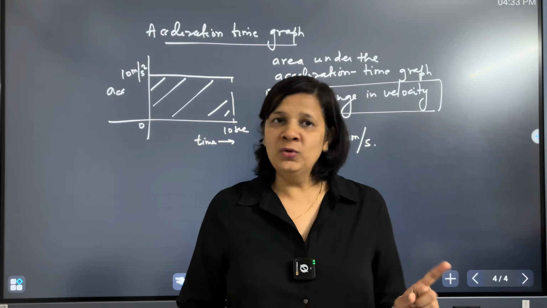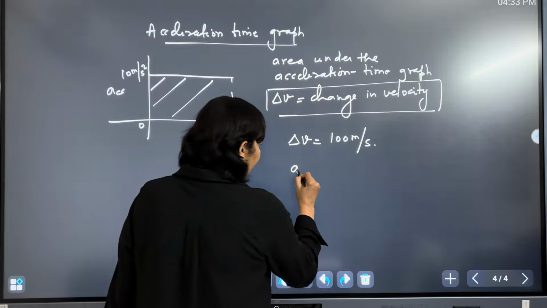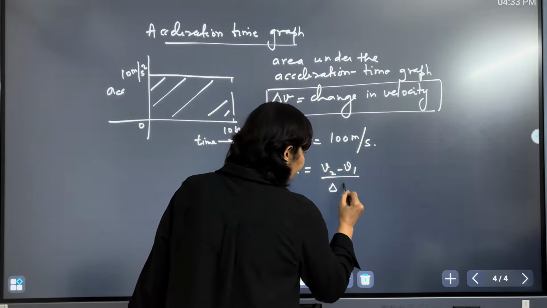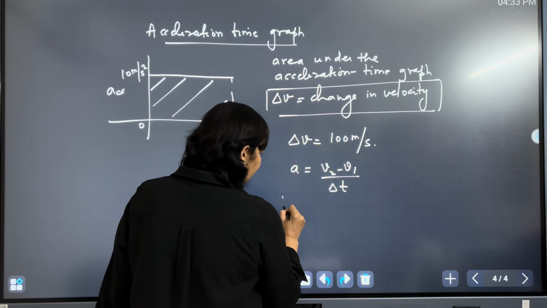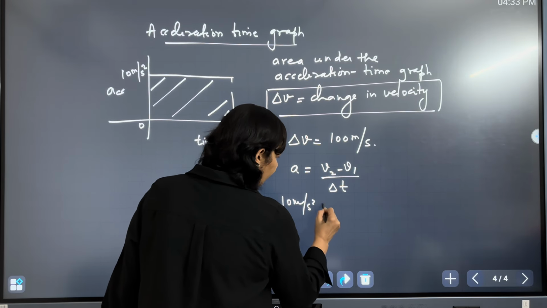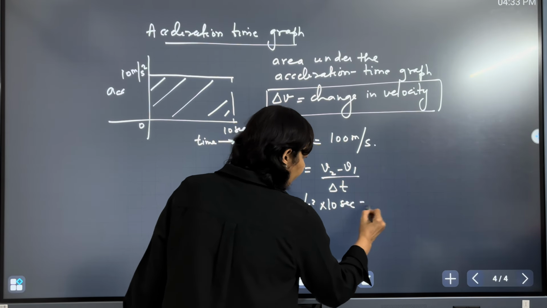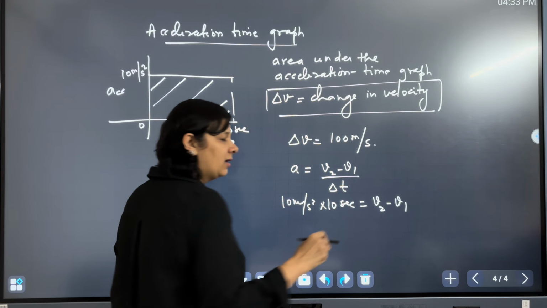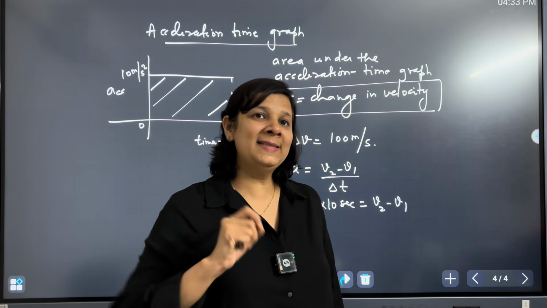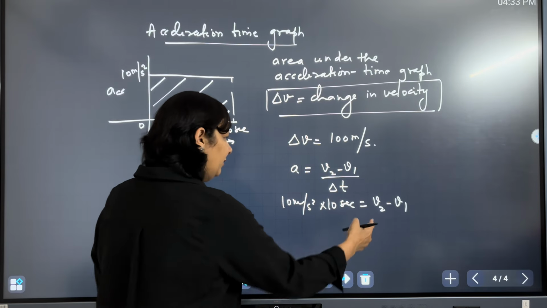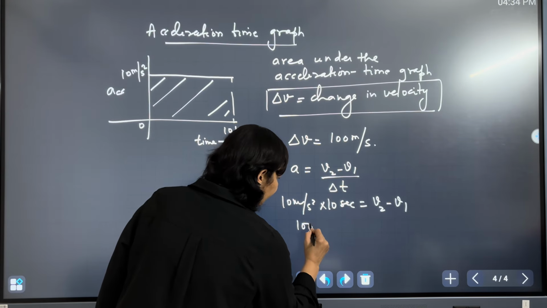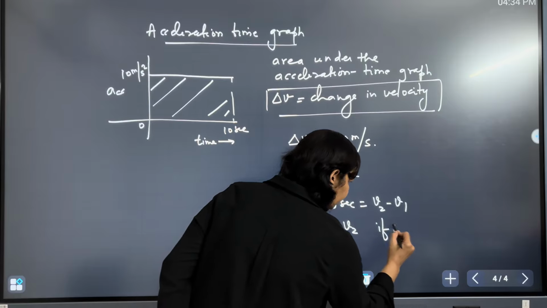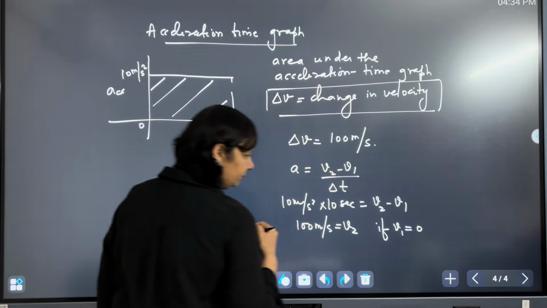But you cannot tell, because for example acceleration is v2 minus v1 over delta t. Interval, it was 10 meter per second square into 10 seconds. This is equal to v2 minus v1. If initial velocity of the car was 0, it means the car started at rest, then v2 is 100 meter per second. v2 if v1 is 0, right?